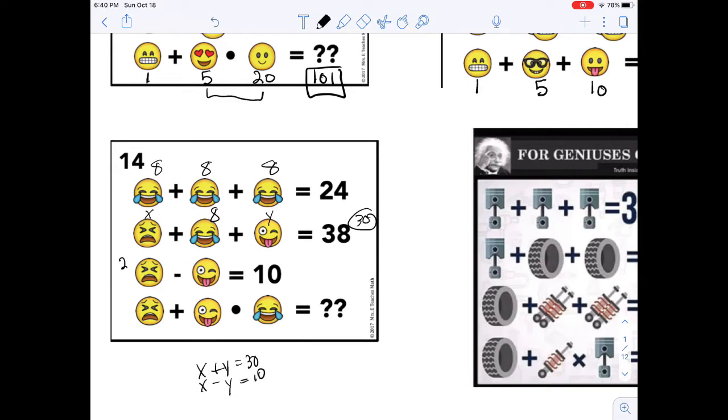So this one is 20 and this one is 10. Is that right? 20, 10, 38. 20 minus 10 is 10. That means that's 20. That's 10. And we said that one was 8. And again, now you're going to multiply. And so that's going to be 80 plus 20, which is 100. So that one was a little more challenging.